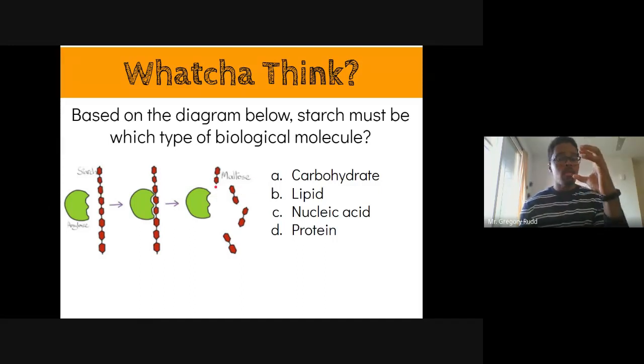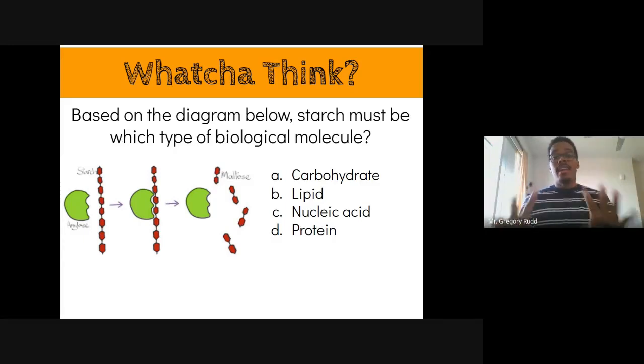But I can't break a protein down into a sugar. I can't break a nucleic acid down into an amino acid. That's just not how it works. I can break a sugar down into another sugar. I can break a nucleic acid down into nucleotides. I can break proteins down into amino acids, but I can't really crisscross there.